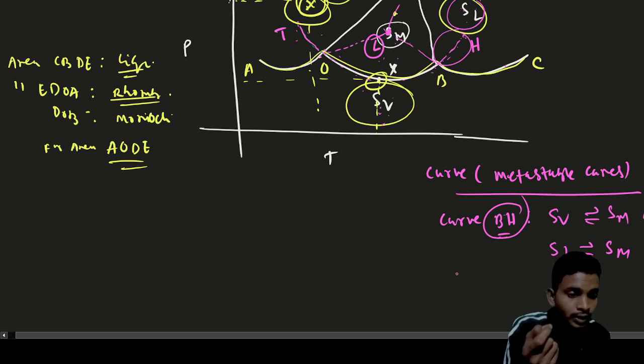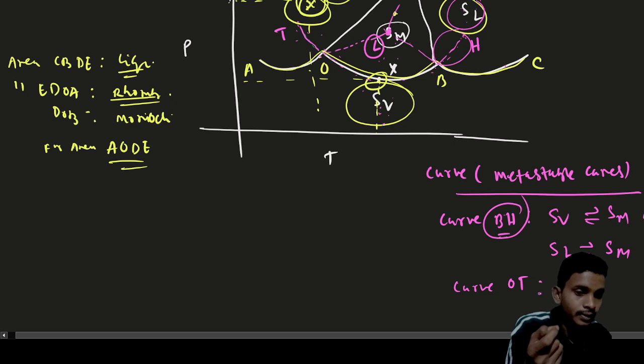Similarly for OT, curve OT, this curve comes whenever we extend this OB, so OT also will be SB by SM.